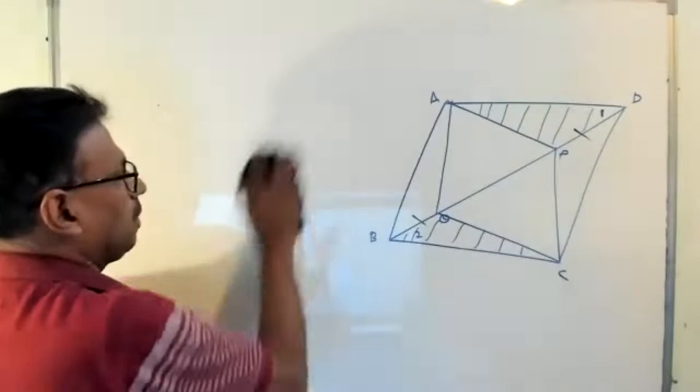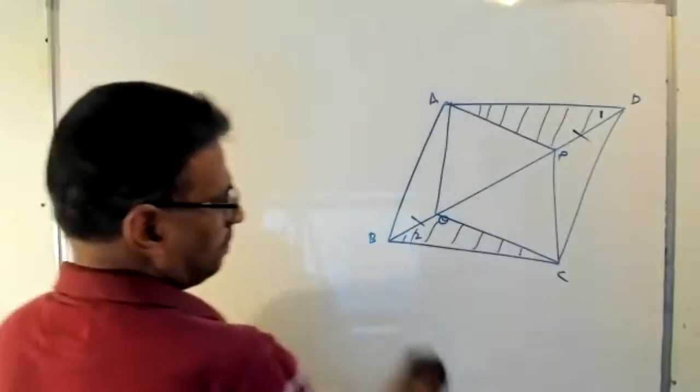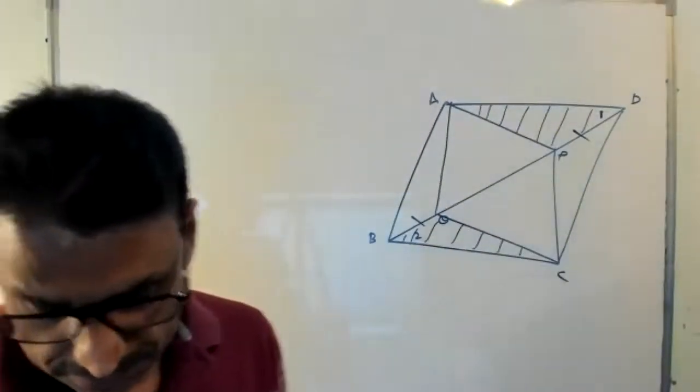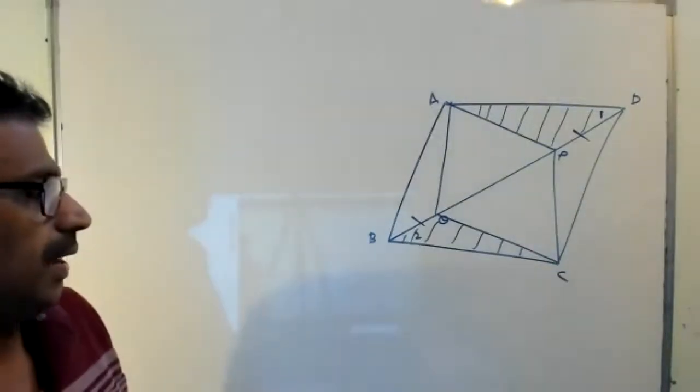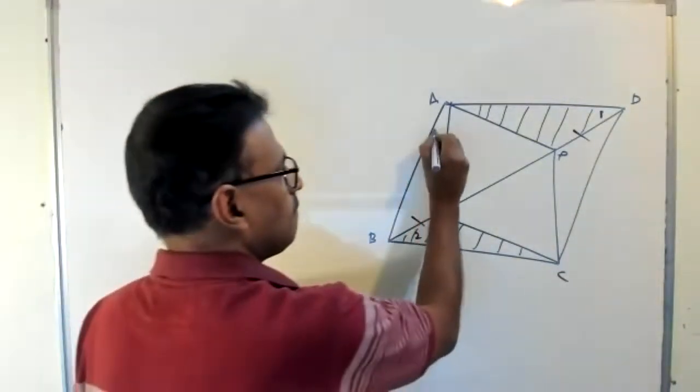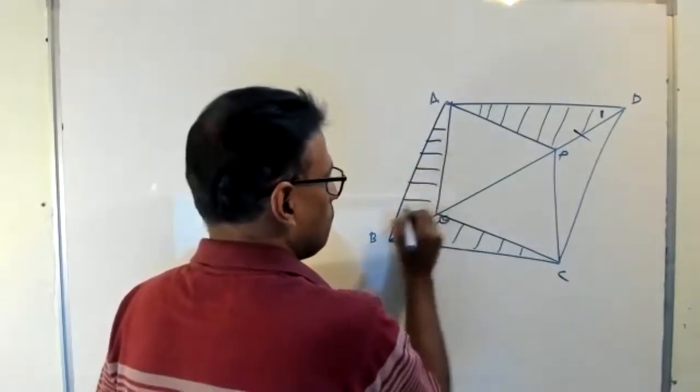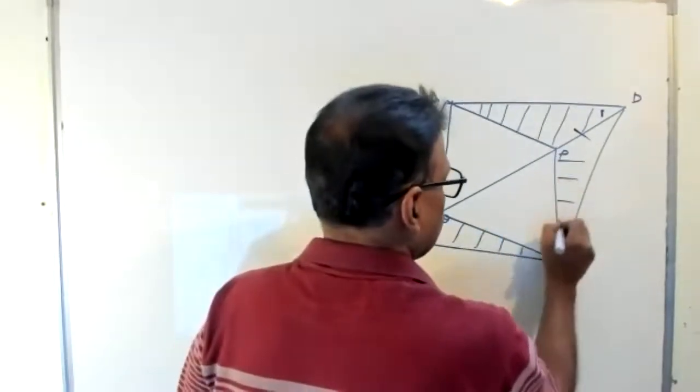Okay. So look at here now. Now, third part, AQB. These two triangles, and these two triangles.